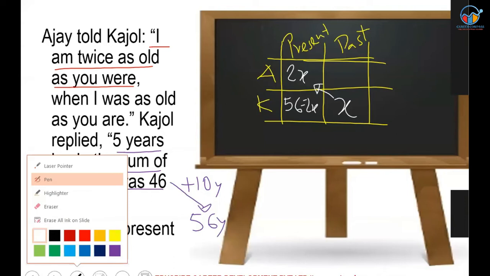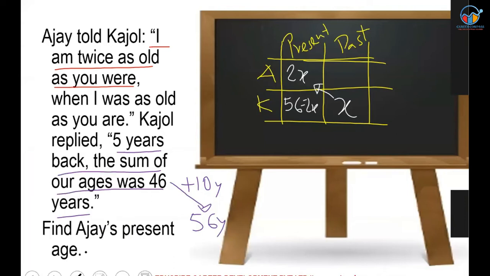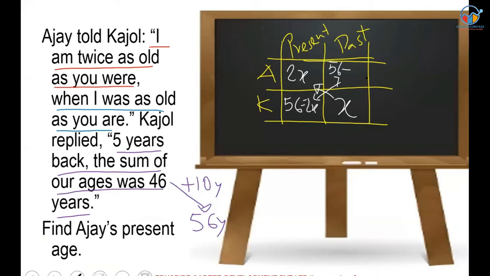Now read the second part of Ajay's statement where he said, "when I was as old as you are," which means Kajol's present age was the same as Ajay's past age. Now see, after this point, you can apply common sense by saying the age difference between any two individuals does not change with time.